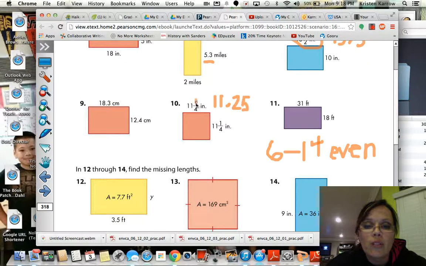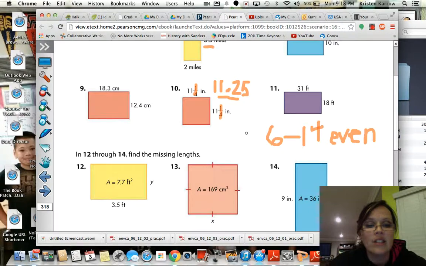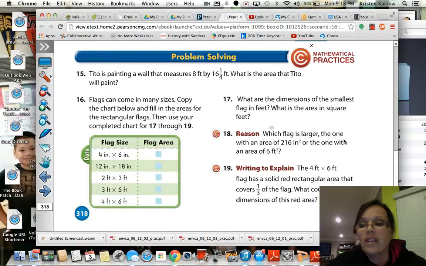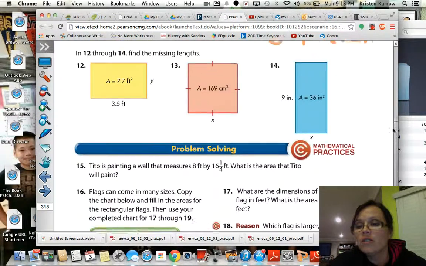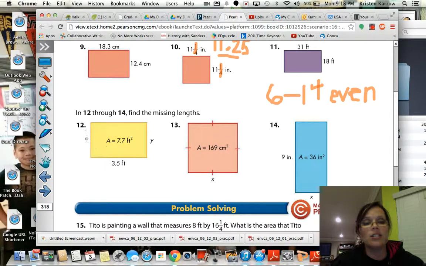So don't use this fraction, use this decimal to do your multiplication. As I look around, the only other thing that might give you an issue is when you get to 12 and 14, it actually gives you the area and it gives you one side. You have to find the missing side.